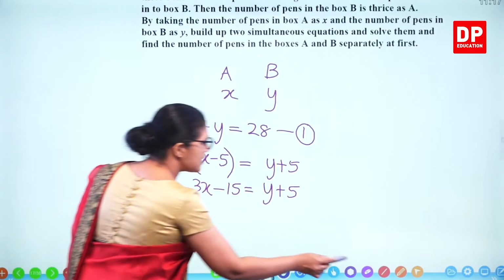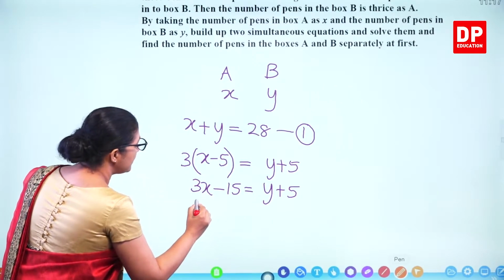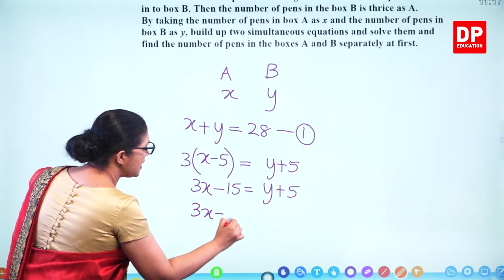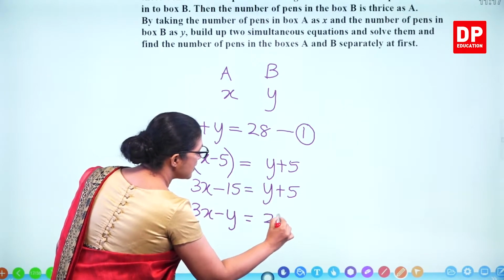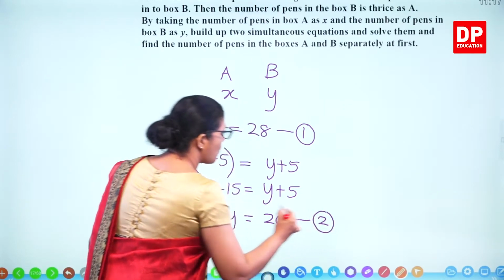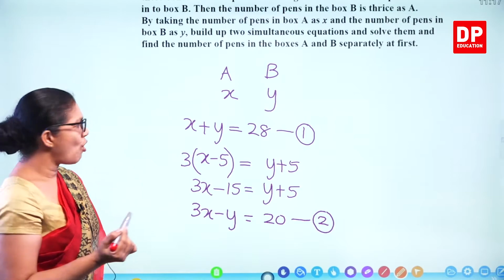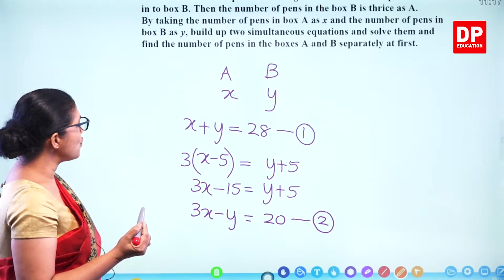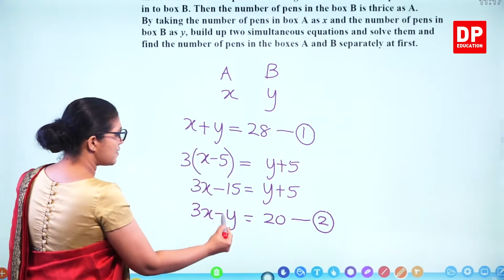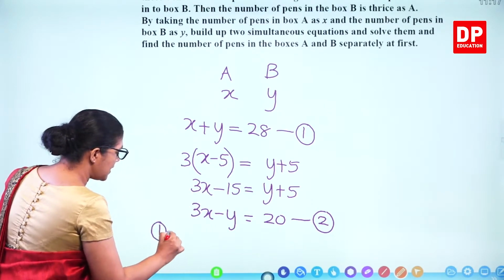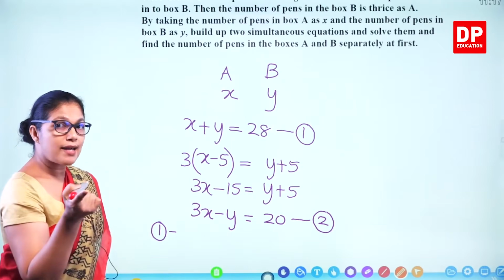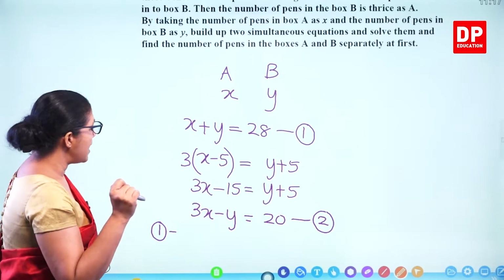You can write as 3x minus y equals 15 plus 5, that's 20. That's your second equation. Now try to solve these 2. Look at the coefficients. This is plus 1, this is minus 1 for y. So we can just add it. Same sign we subtract, different signs we add it.